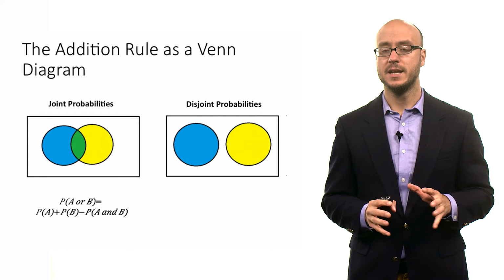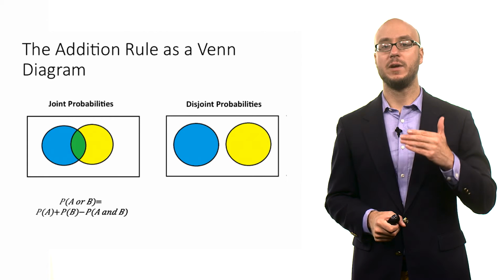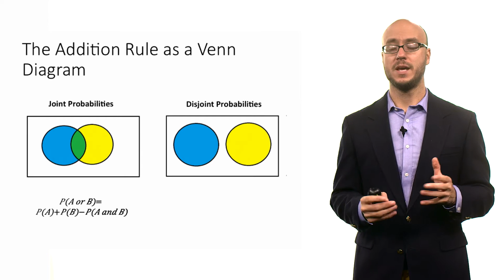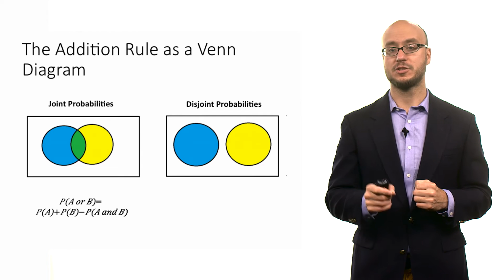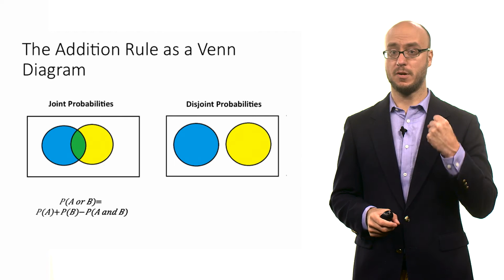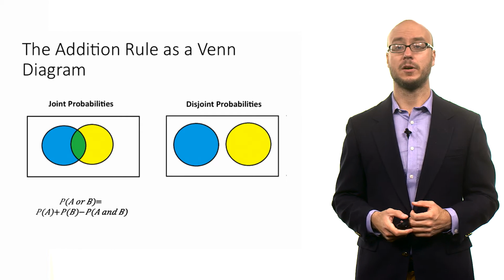The reason we do that is we don't want to double count the intersection. If we add A and B and just say that's the probability of A or B, we're actually counting that middle part twice, because the intersection is embedded in the probability of A, but it's also embedded in the probability of B. So you've got to subtract out that middle part.